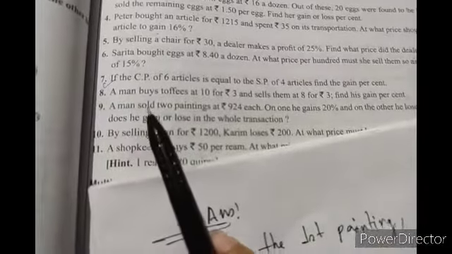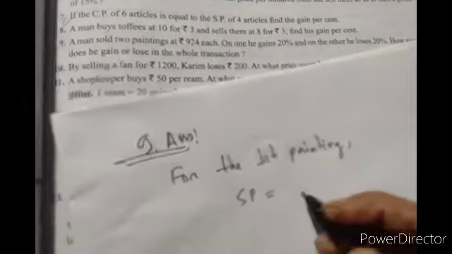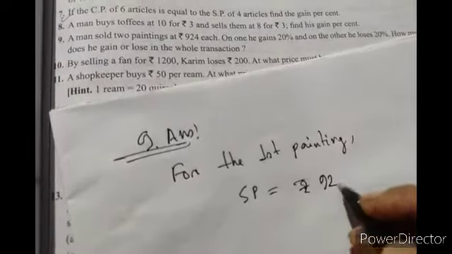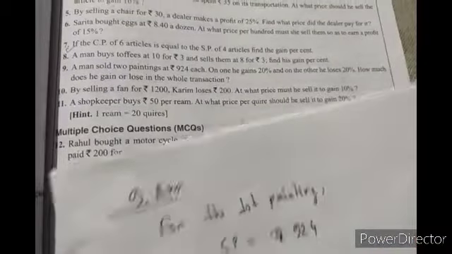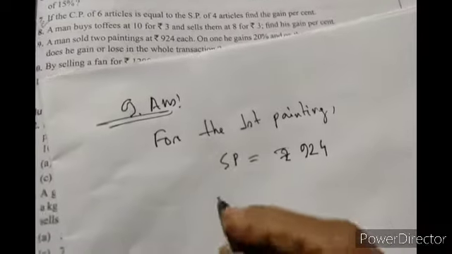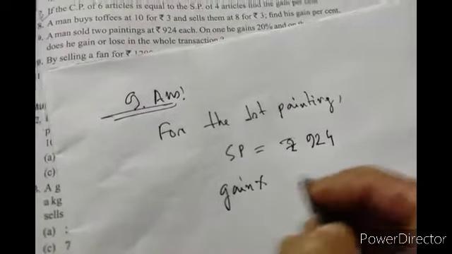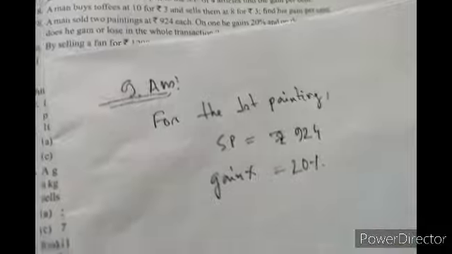Now sales or sold, that means what? Selling price. Selling price is rupees 924, and what is given? Gain 20%. That means gain percent is 20%. Gain means what? Profit. Profit means what?